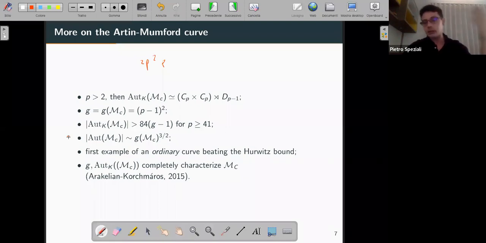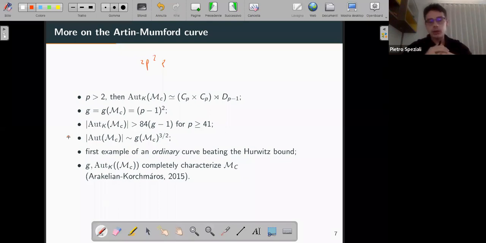So at the opposite side of the spectrum, and I will get to what the p-rank is in a few slides, we have the ordinary curves, which are ordinary in a moduli space sense. So nearly all curves are ordinary in this sense. Then Mumford asked, do we have ordinary curves beating the Hurwitz bound? And this was the first example.